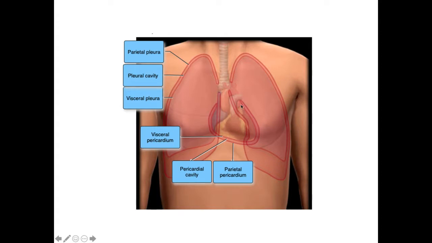The same concept applies to the heart. For the heart, we use the word pericardium. Closest to the organ of the heart is the visceral pericardium. What lines the cavity on the outside is the parietal pericardium, and between the two layers is the pericardial cavity.